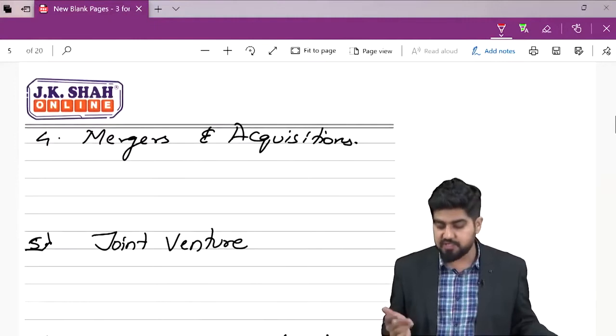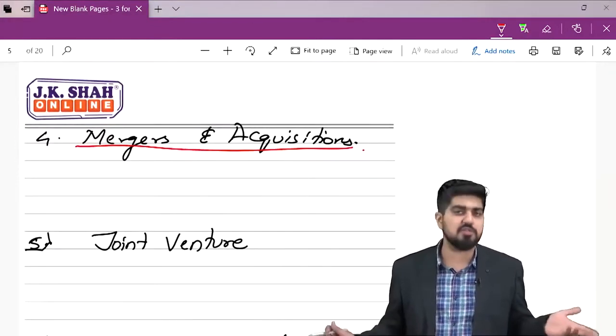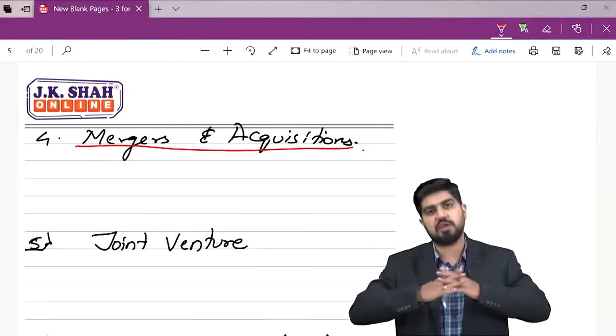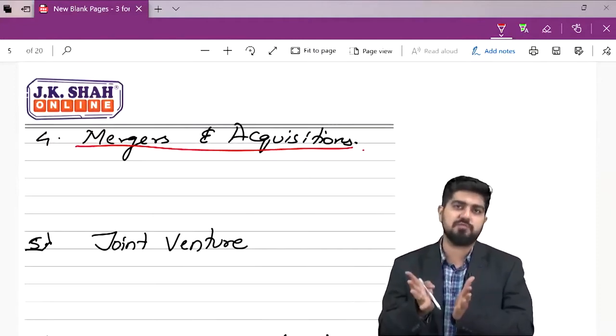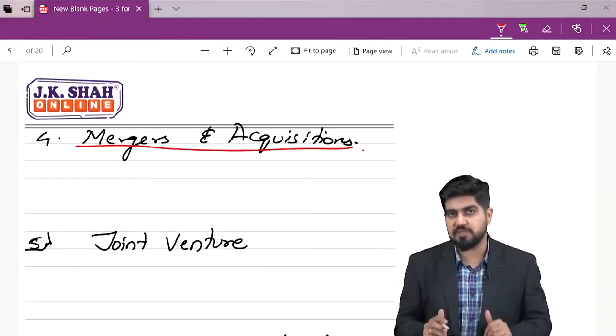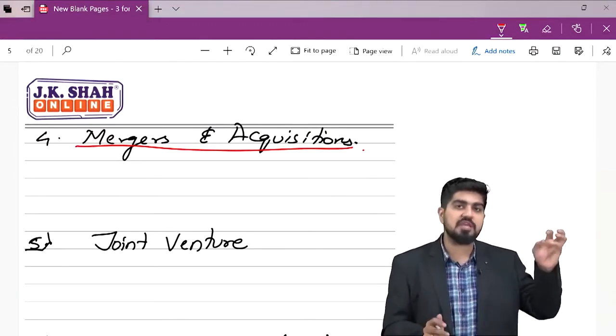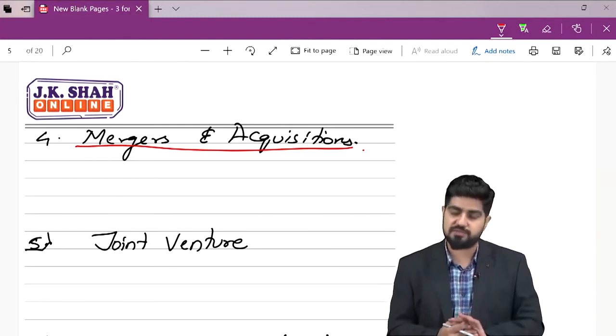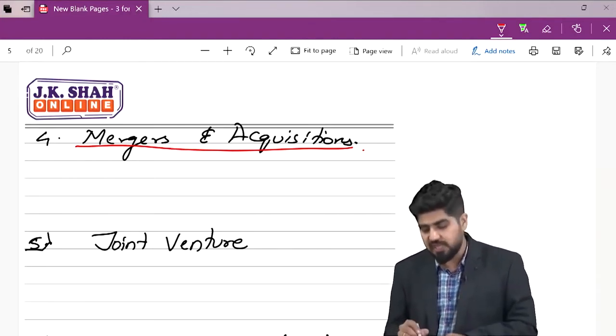Point number 4 is mergers and acquisitions. Here you don't even need the example, students. Whenever two companies come together and form their own company, it will be called a merger. When a foreign company takes over completely an Indian company, it will be called an acquisition. Let me help you with one example of merger.